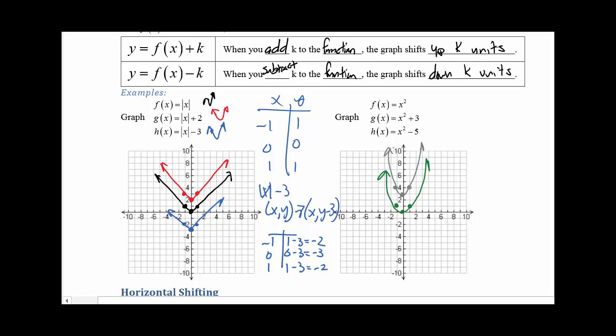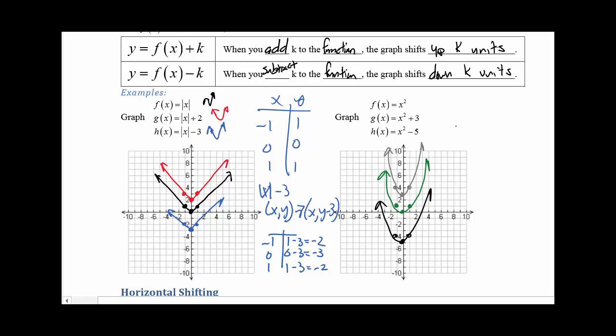And it's going to have the same sort of curvature to it. And lastly, minus 5. So if I go down 5 units from 0, 0, and then take the other 2 points and move them, I should get the other image.